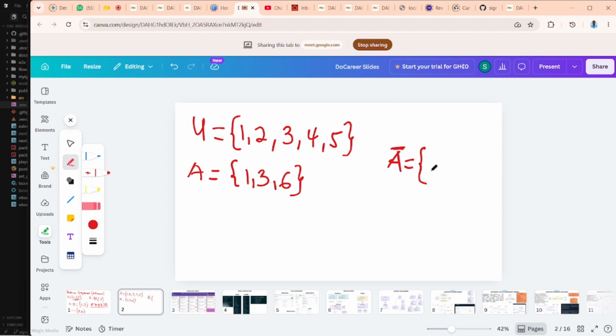2 and 5. So is there any other suggested answer, or that's okay? That's fine. Or you add it now? I doubt.